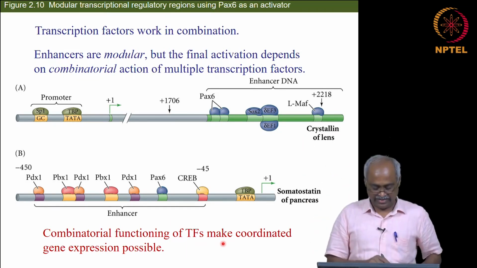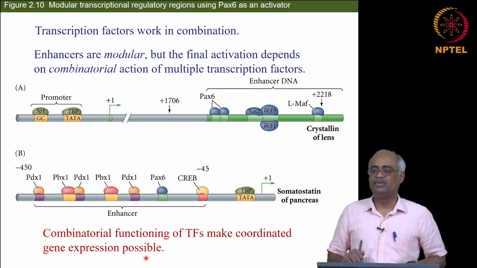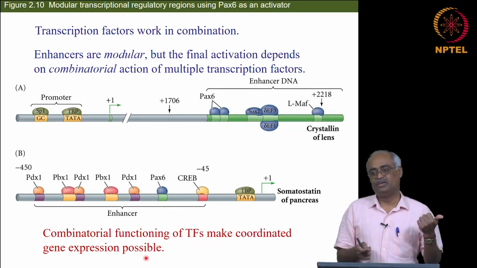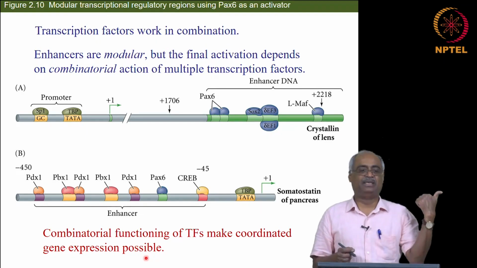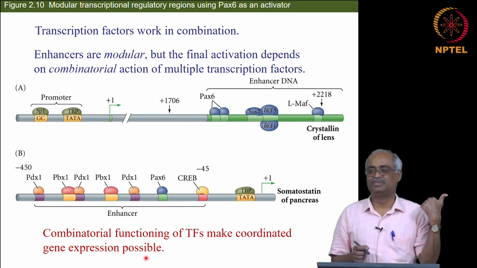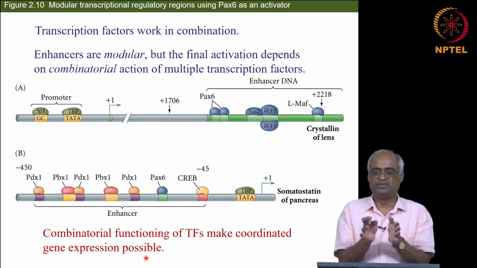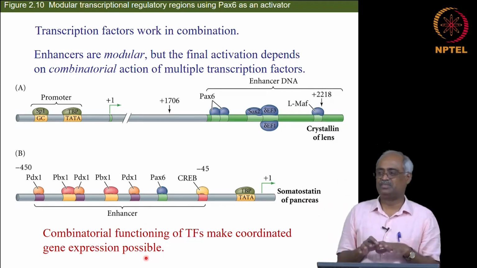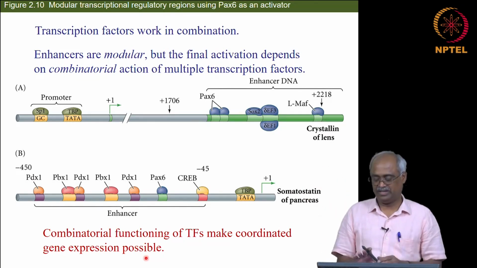So, that coordinated expression is possible. Okay. It is a very sophisticated coordinated expression compared to the yeast gal4 or bacterial operon systems, okay, where you have all the coding sequence under one promoter. But here you have different controls and more sophisticated coordinated expression.